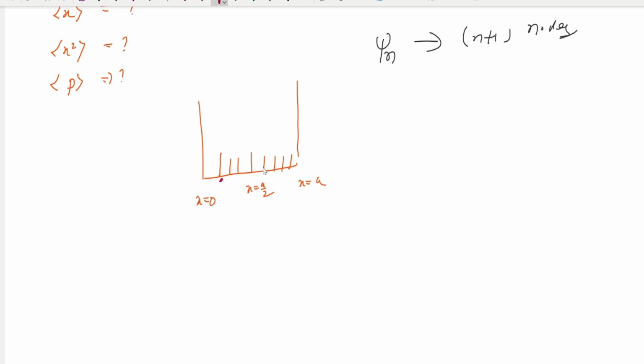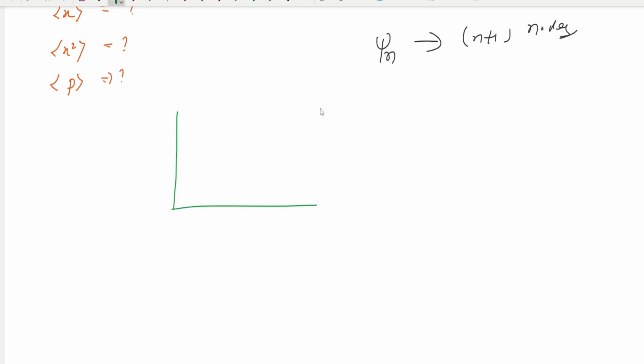I can write this equation exactly in CSIR NET and GATE form, like this. Just wait, I'll explain this clearly. Okay, fine. This is the given potential box, with infinity here and infinity here.